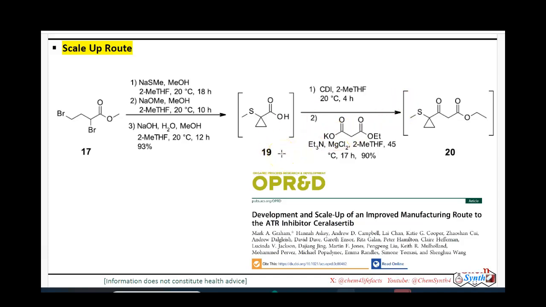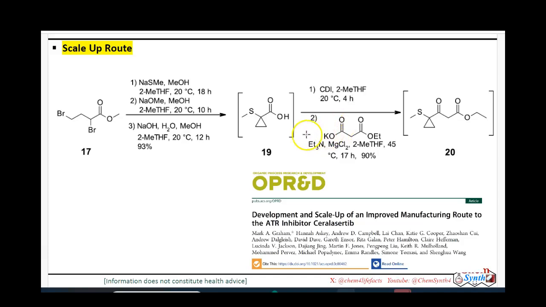So the next conversion was to convert this carboxylic acid into the beta keto ester. For that, they treated this carboxylic acid with CDI, carbonyldiimidazole, to convert it into imidazolide. That reaction, also in 2-methyl THF, worked very well.